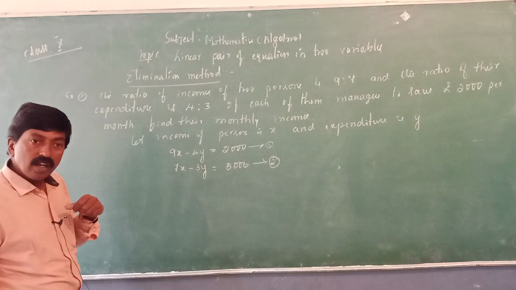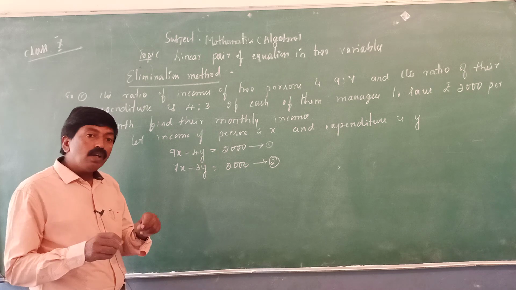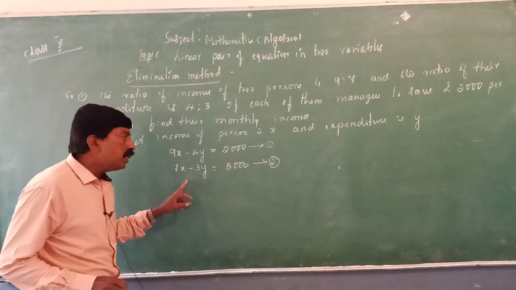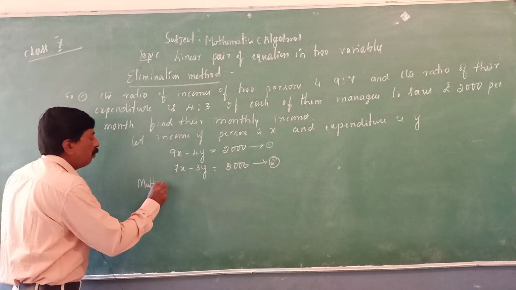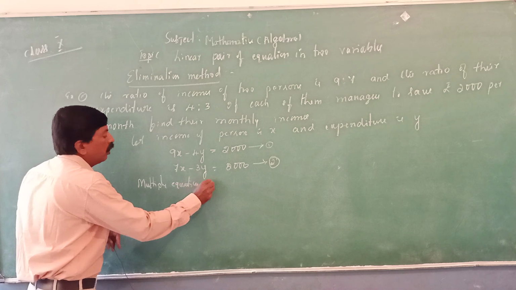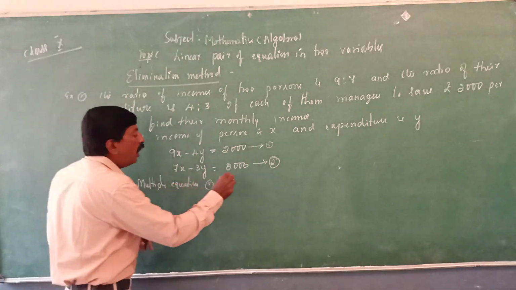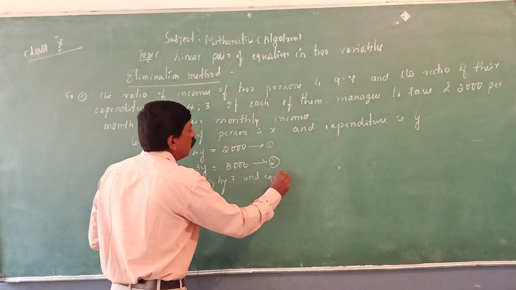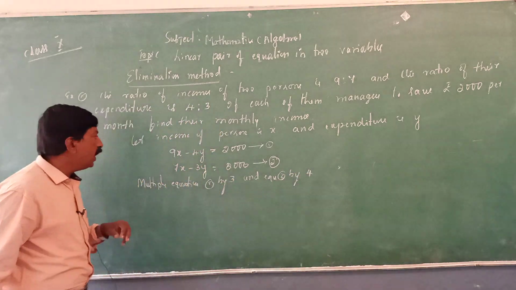So two equations are given. While solving, make the numerical coefficient of either x or y equal. That's why multiply equation 1 by 3 and equation 2 by 4.